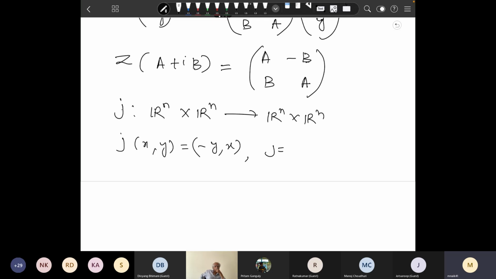So the matrix representation of J will be [0, minus I; I, 0], where I is the n cross n identity matrix.